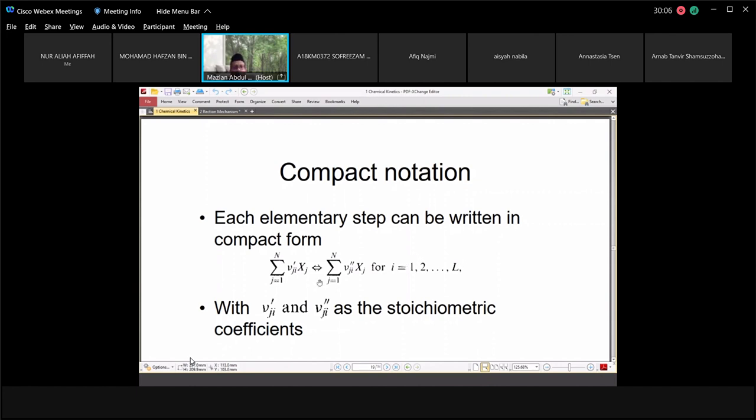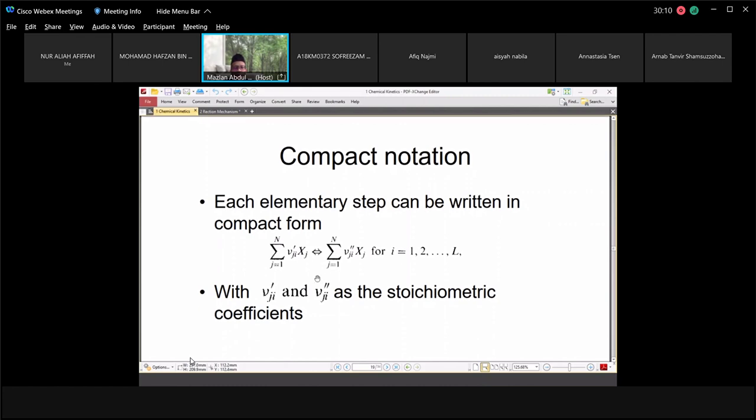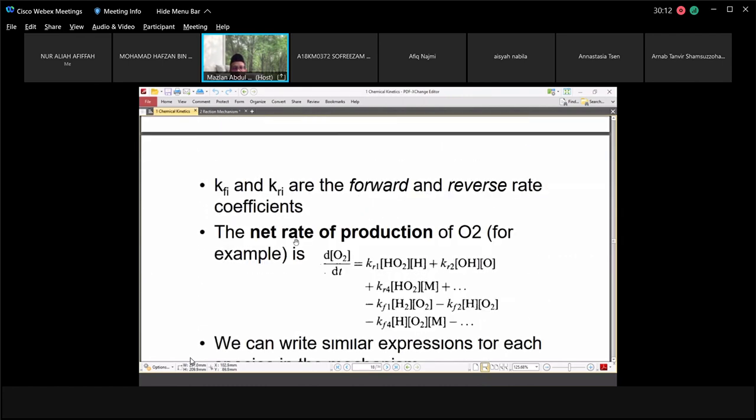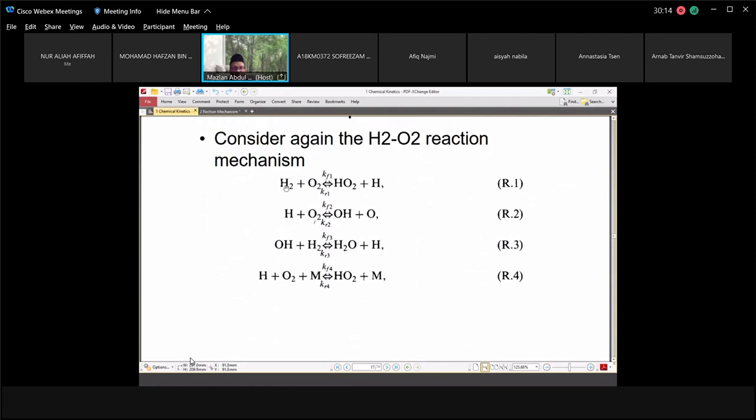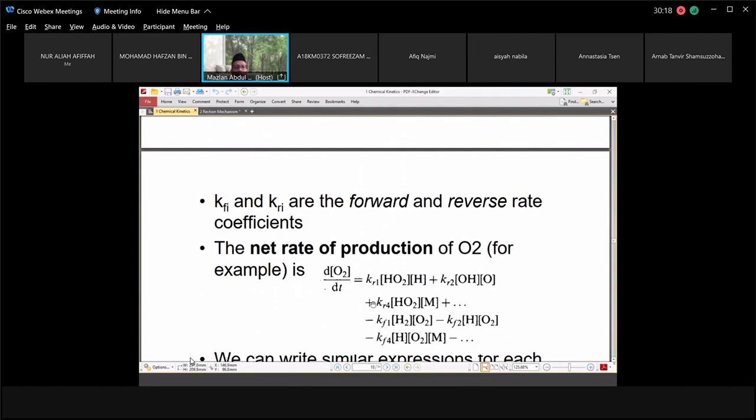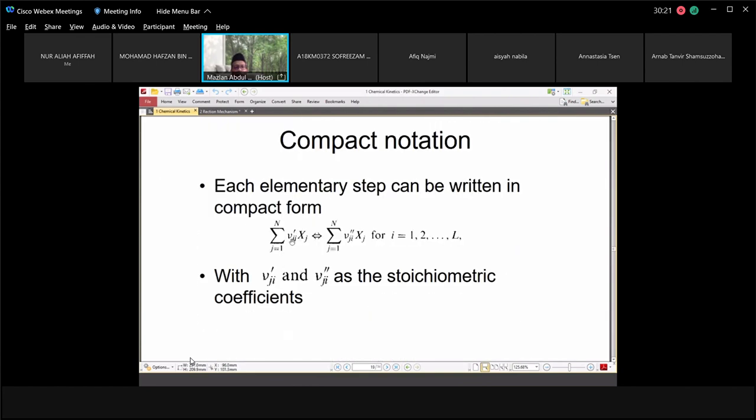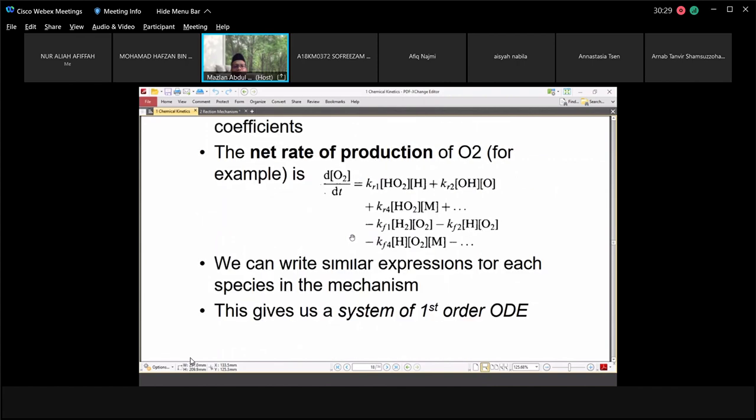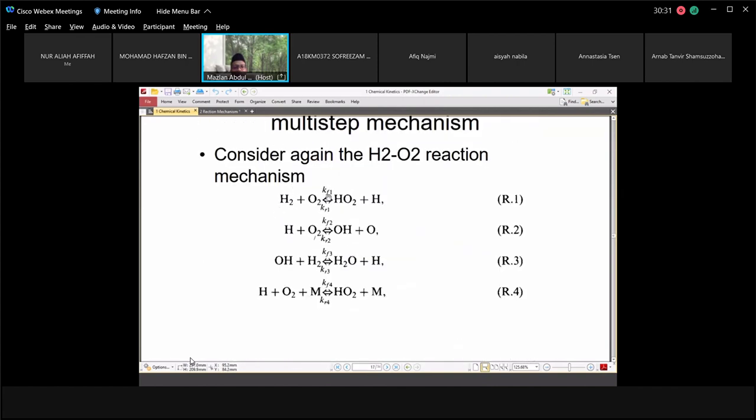Each elementary step, 1, 2, 3, 4, can be represented by this compact notation. Single prime is for reactant, double prime for product. If you take the first reaction here, this is the reactant, this is the product. So this is single prime, this is double prime.